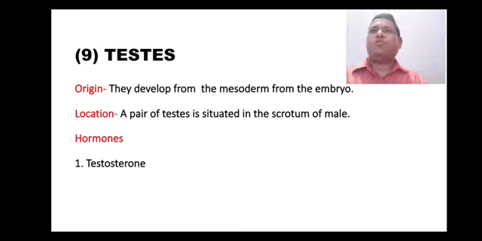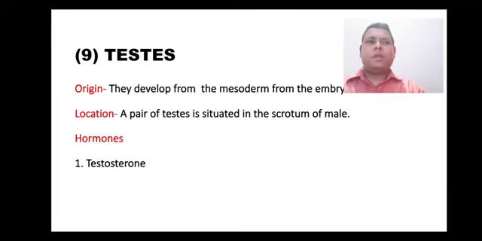The connective tissue present between the seminiferous tubules in a testis contains small clusters of endocrine cells called the interstitial cells, which secrete androgens. They develop from the mesoderm of the embryo.